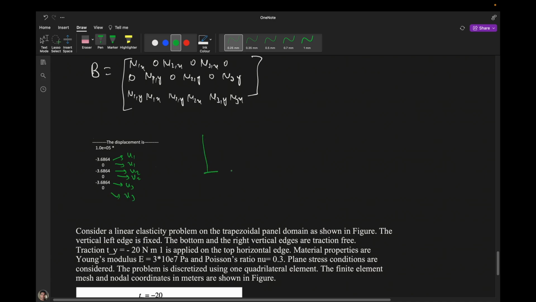If I see this, it is saying this node will move along this direction by some magnitude, this direction by some magnitude, this direction by some magnitude. This node will also move by some magnitude.